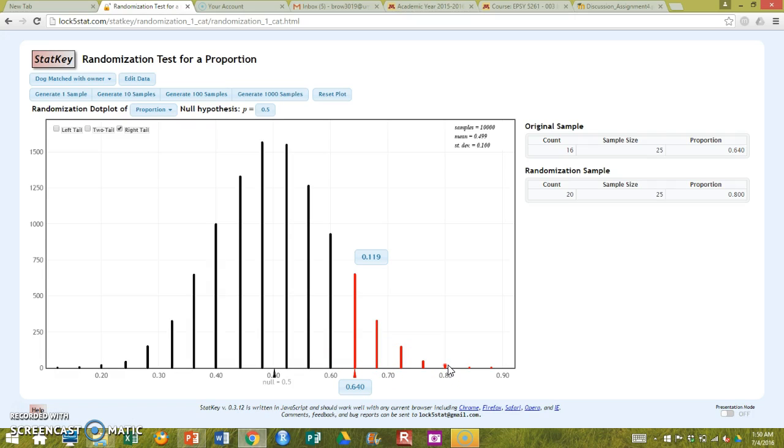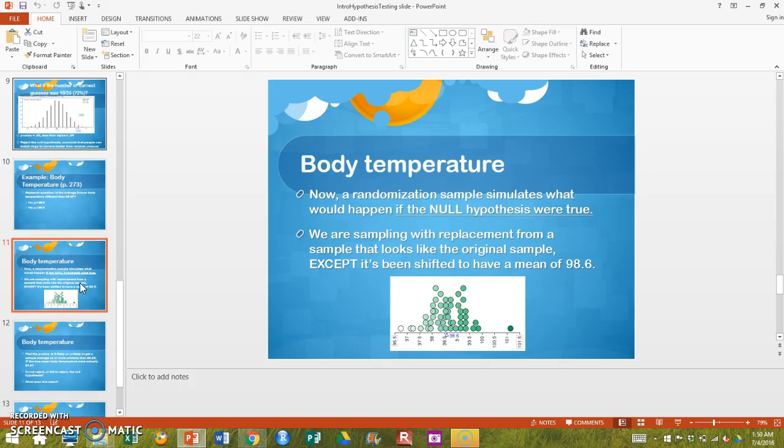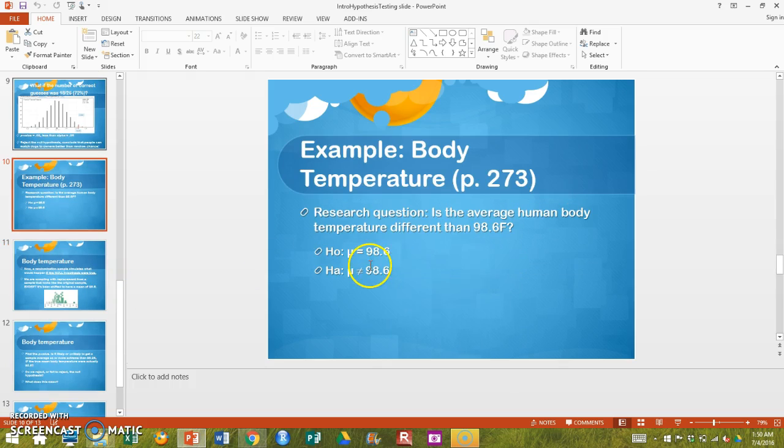That's what our guess was about. Well, now the situation is a little bit different with the body temperatures, because now our alternative hypothesis is that we're not guessing greater or lower than 98.6. We're just saying different than 98.6 degrees.